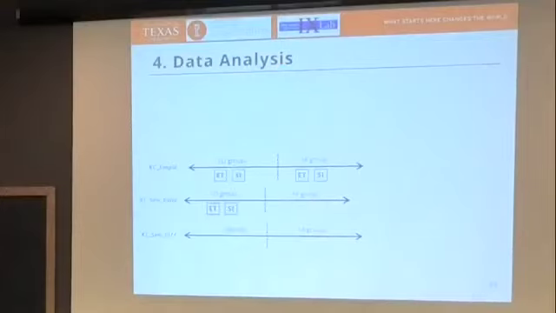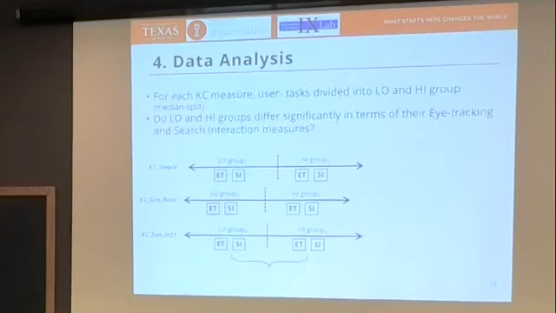involved grouping our participants into a low group and a high group according to the different knowledge change measures. So we created a number of different groups because we had different measures of knowledge change. Overall, there was a high overlap between these groups.